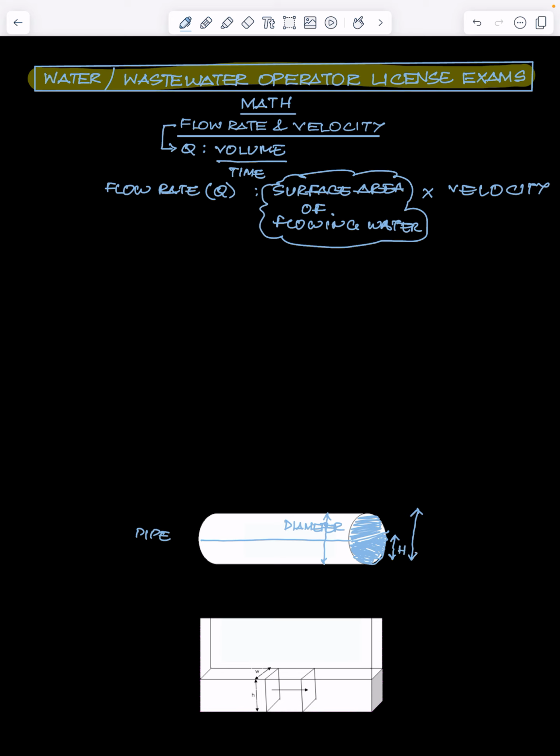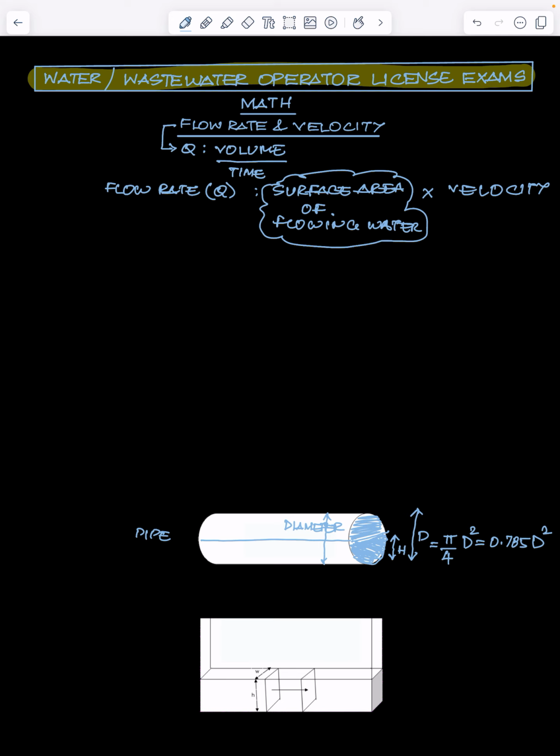So the surface area of the flowing water is basically the same as the surface area of the pipe and can be calculated by pi over 4 times d square, which is 0.785 d square. So for a flow in a pipe, if you multiply 0.785 times d square, it will give you the surface area of the flowing water. And of course, the assumption is that the pipe is flowing full.